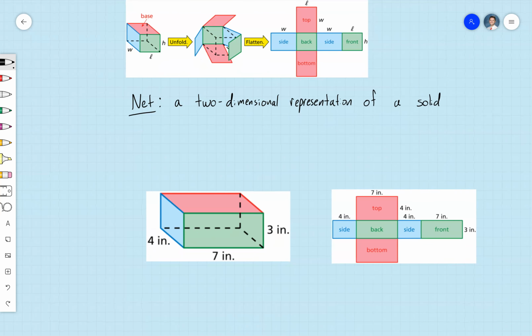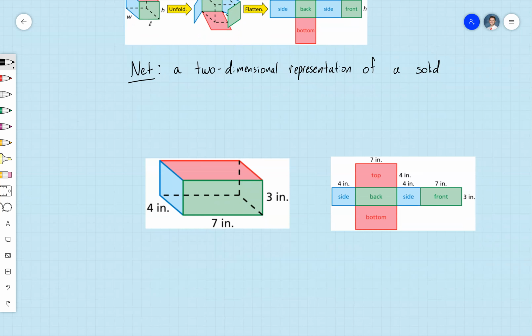For example, if we're looking at this figure here, it's 4 inches wide, 7 inches long, and 3 inches high. If we were to create our net, we can see that we've got this side length here is 4 inches. We have 7 inches, another 4 inches, 4 inches, 7 inches, and 3 inches.